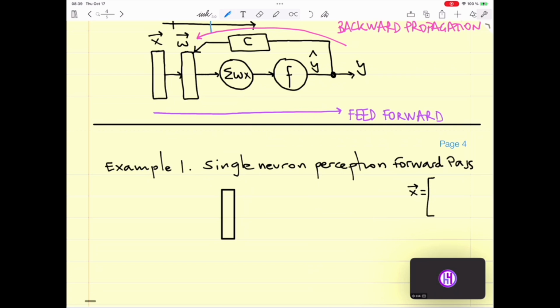They're going to be 2, 1, and 3. This is, of course, x1, x2, x3.